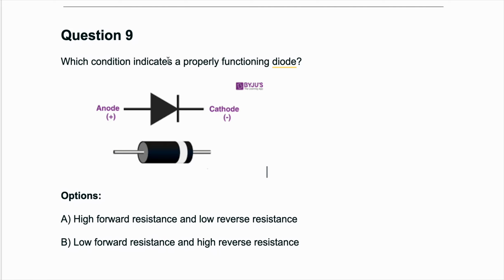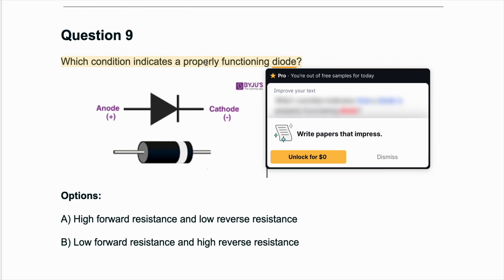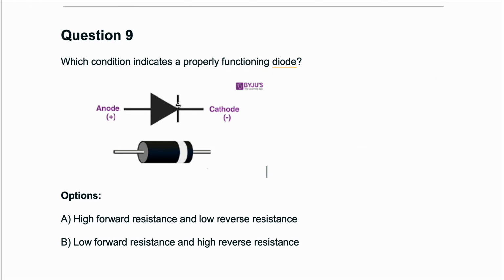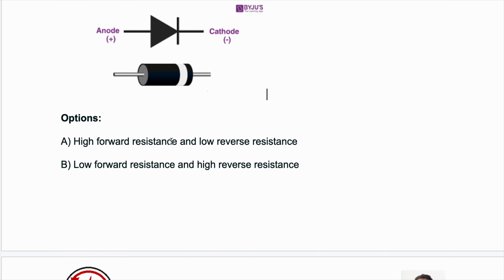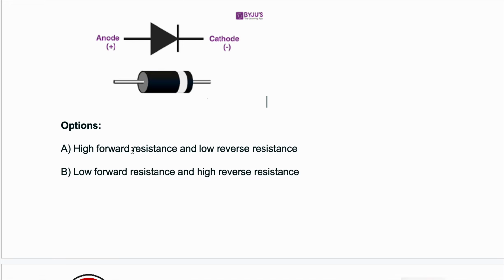And what is a properly functioning diode? High forward resistance? No, in forward bias we don't have high resistance. If the diode is on, electrically on, the forward resistance is low. Low reverse resistance? No, it's not correct.